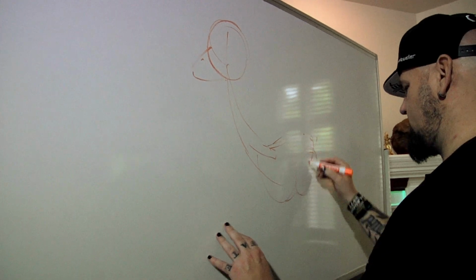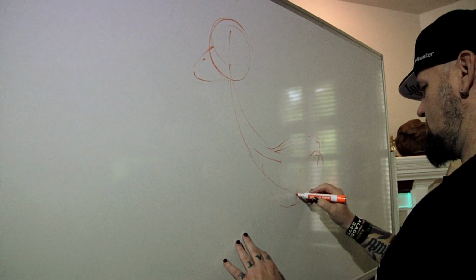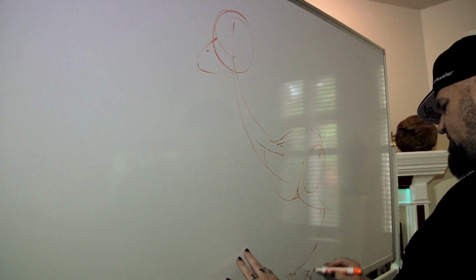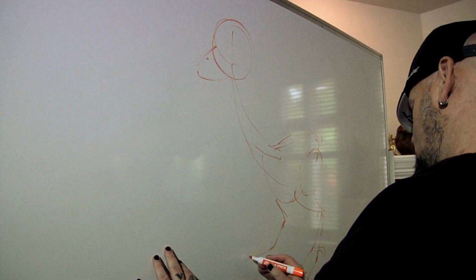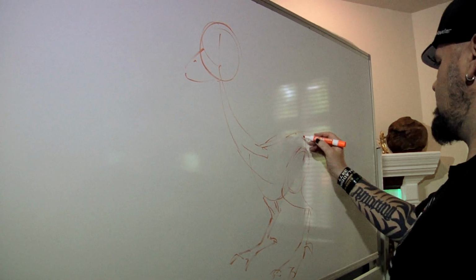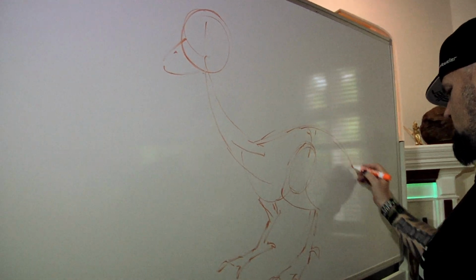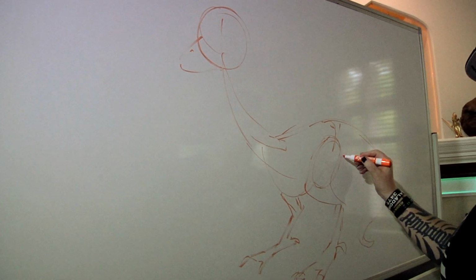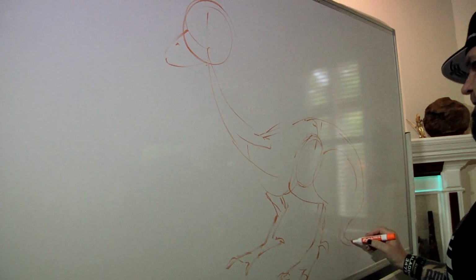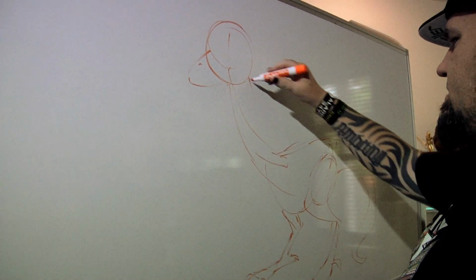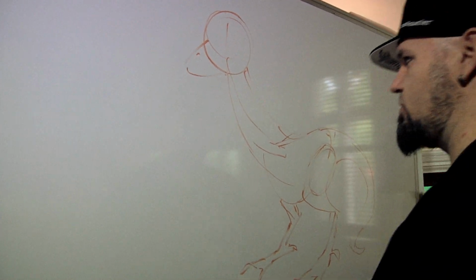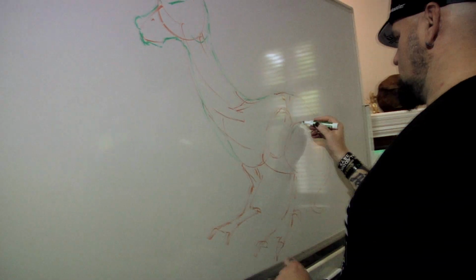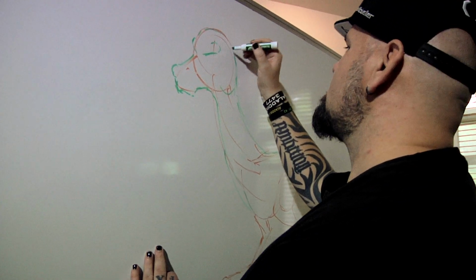And then maybe a hind leg with clawed feet. And maybe this long tail. Something like that. Map out a little bit more, flesh it out. Maybe it's got some kind of antlers or something like that.